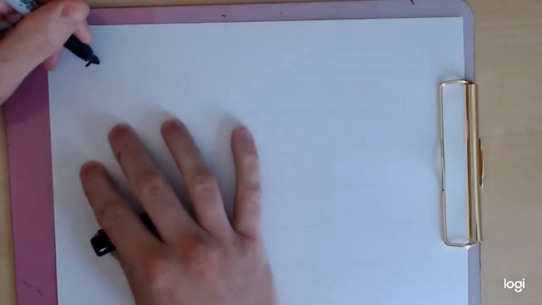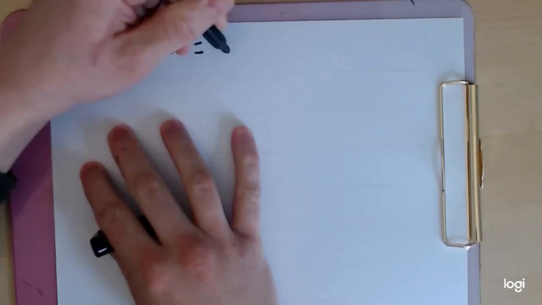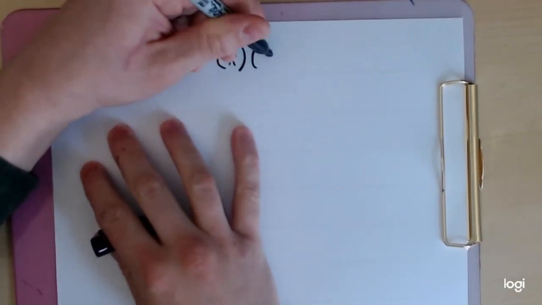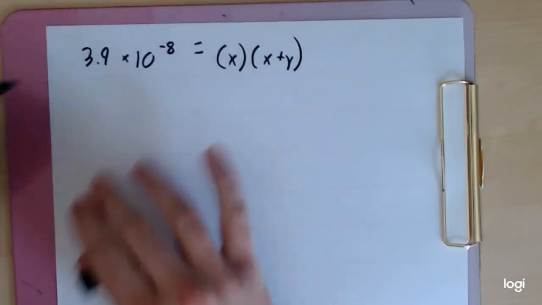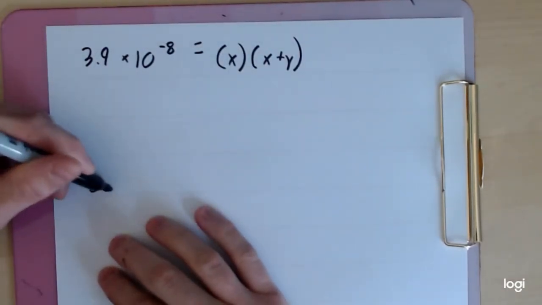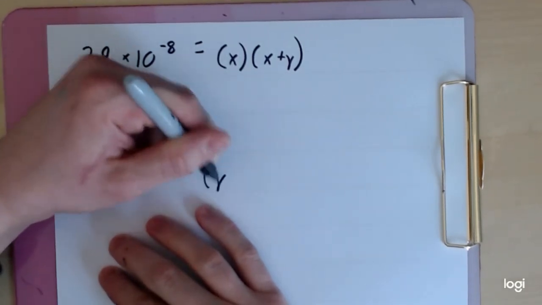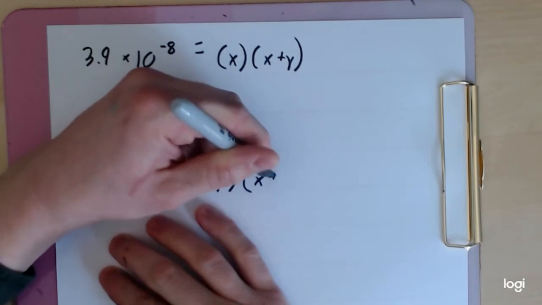So just to restate the equations that we already know, we have 3.9 times 10 to the negative 8th equals X times X plus Y. And we have 6.1 times 10 to the negative 5th equals Y times X plus Y.